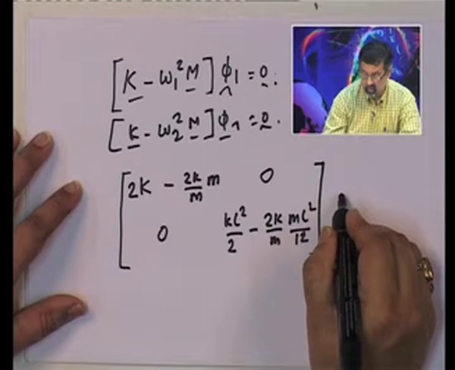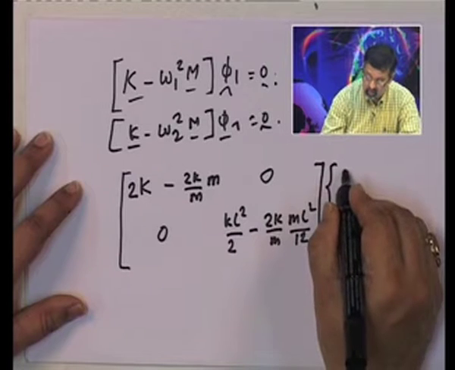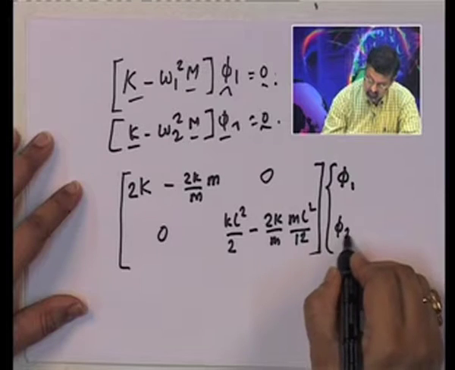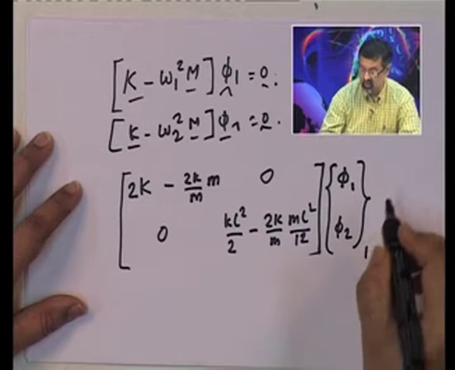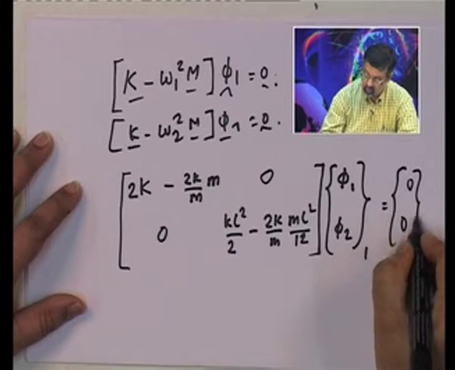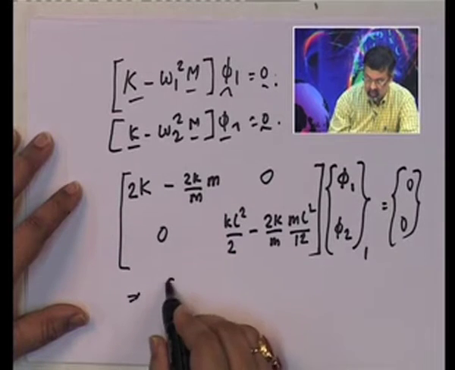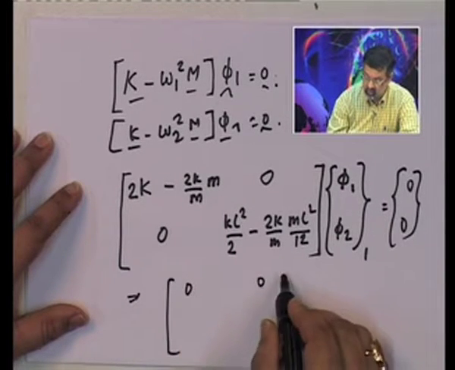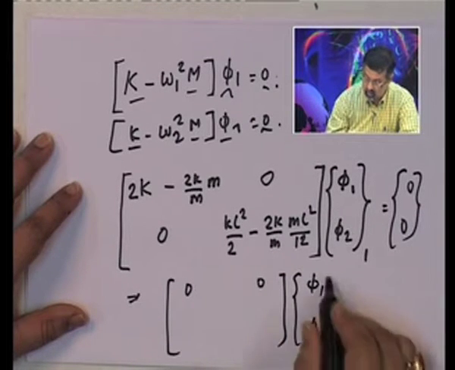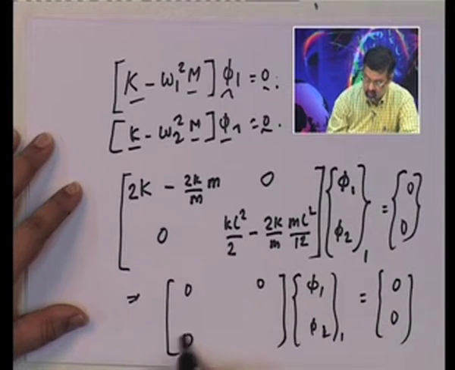And here, this is phi 1, phi 2, and this is the first mode shape, equal to 0, 0. Plug it in here, what do you get? This becomes 0, 0, and the bottom one becomes 0, this one.